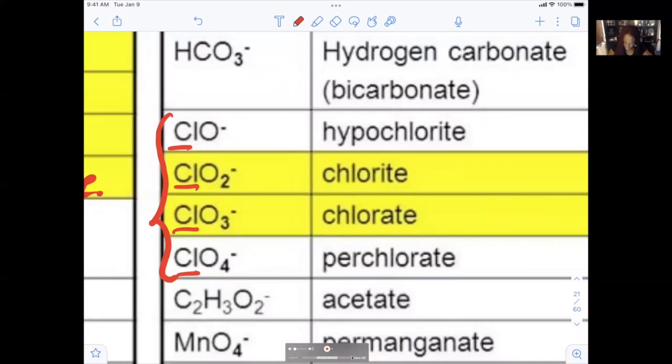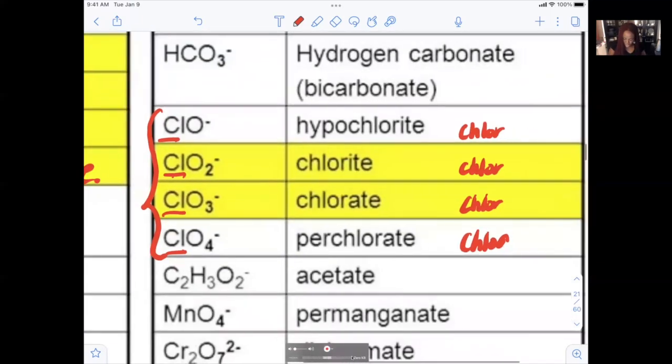In the middle 2, you can see that the non-metal that's not oxygen is chlorine. So here, of course, we're going to have chlor, and chlor is the stem word that represents chlorine. Starting with the middle 2, the top one, ClO2 minus, has relatively less oxygen than the one below.